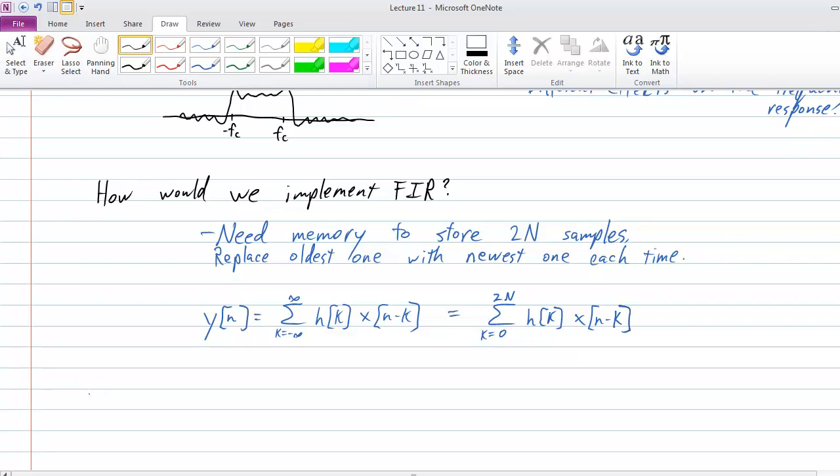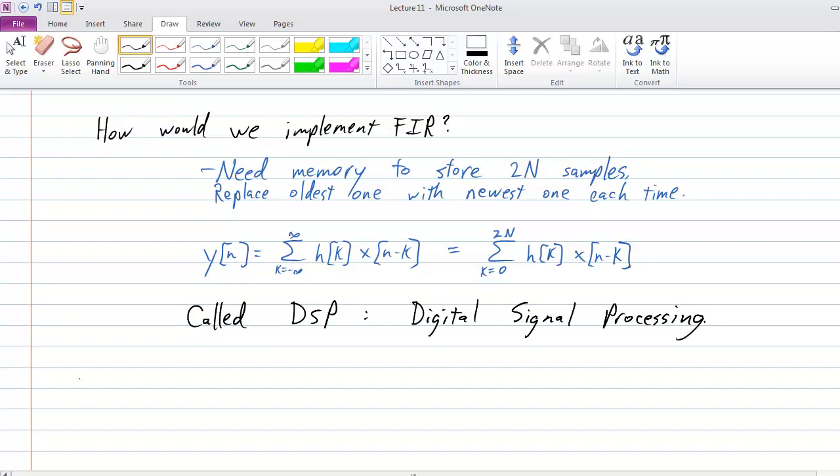So this is what's called DSP, Digital Signal Processing. And there's one technique for designing an implementation of DSP. Now there are other filter design techniques.